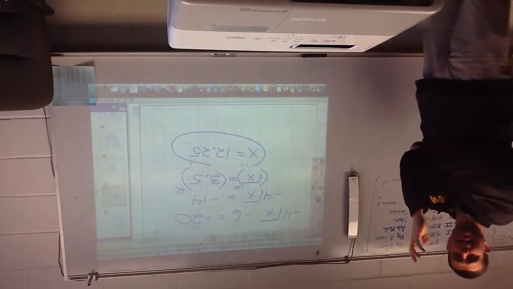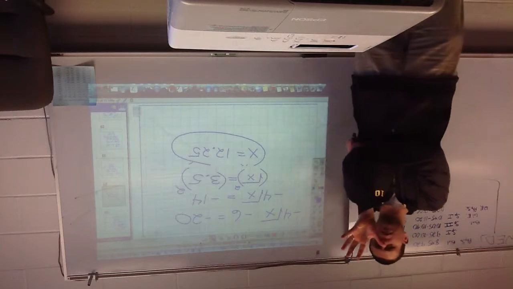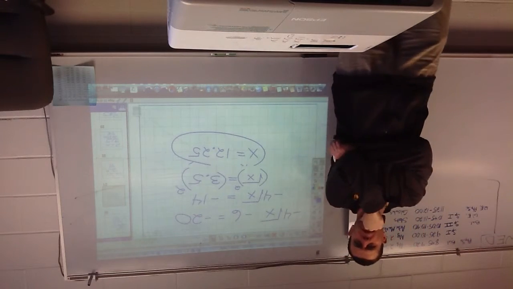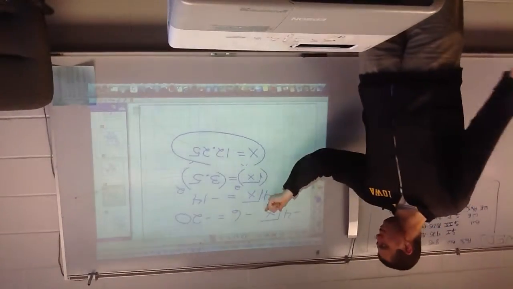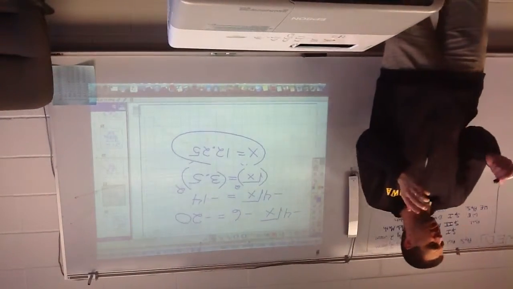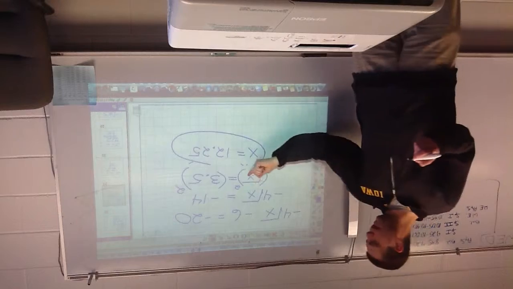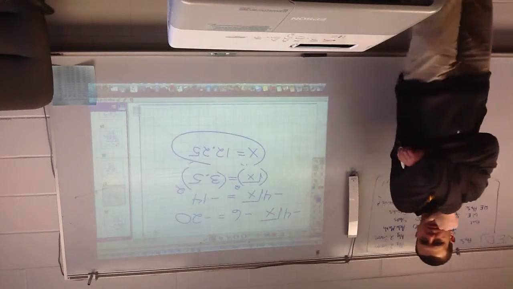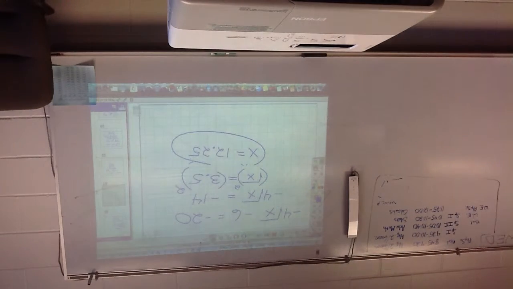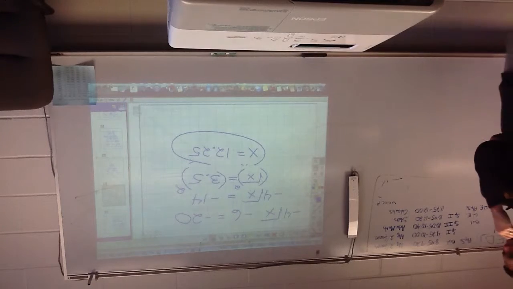So the first problem I gave you, the square root was already by itself, so you just square both sides. Second problem, the square root part was not by itself, so you had to get it by itself before you square both sides. Both fairly similar.